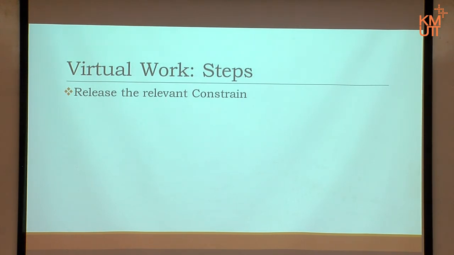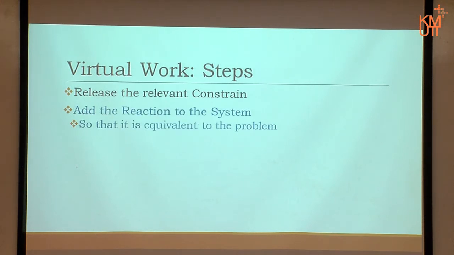Then, once you release the constraint, it is not the same question as the picture anymore, because we release one constraint, so one reaction is missing. So we apply one reaction back, the one we want, so that it becomes equivalent to the old system. Now, for us to start calculating, we have to imagine that this reaction does some work, so that it can appear in our virtual work equation.